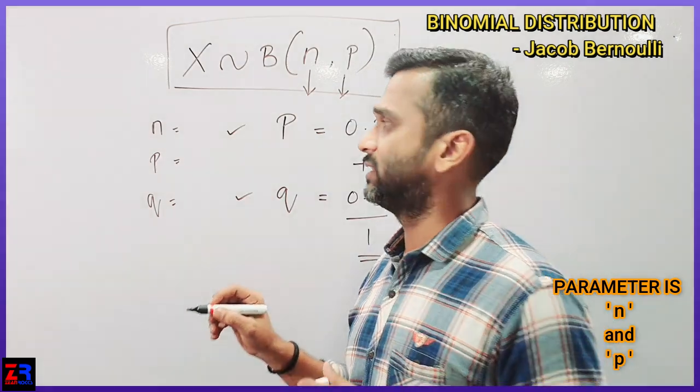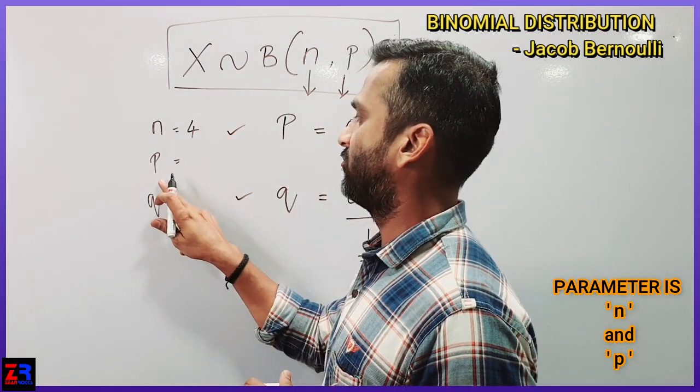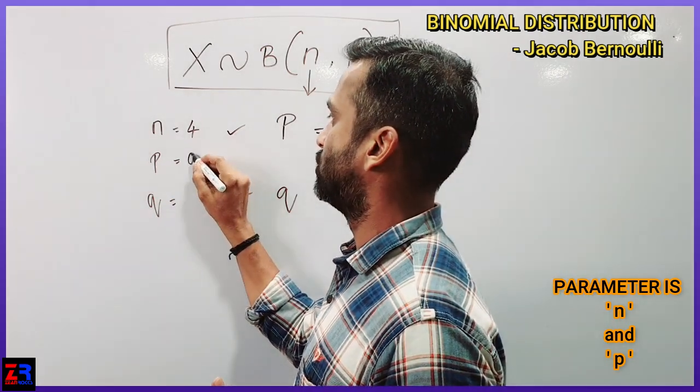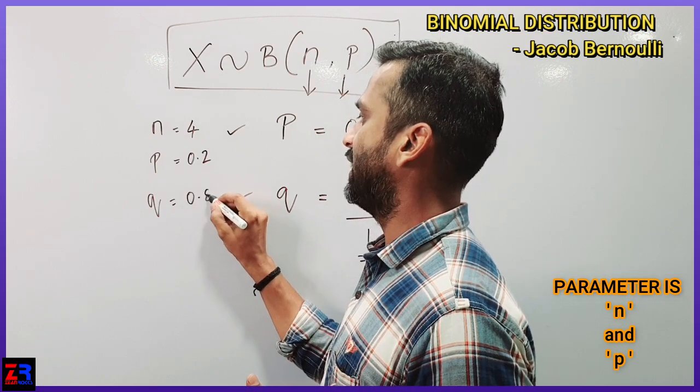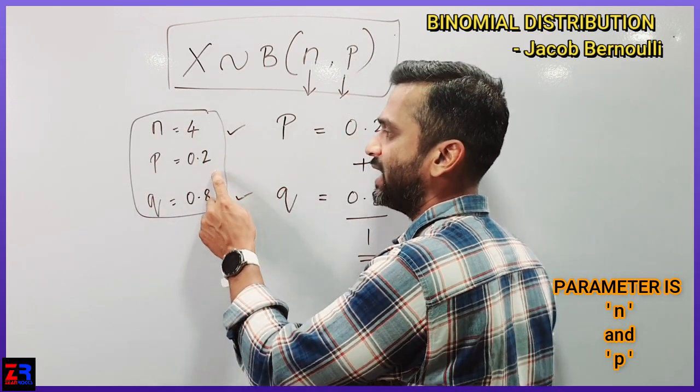Suppose in the question the value of n is given as 4, the value of p, that is probability of success, is given as 0.2, and probability of failure we get as 0.8. So we have n, p and q.